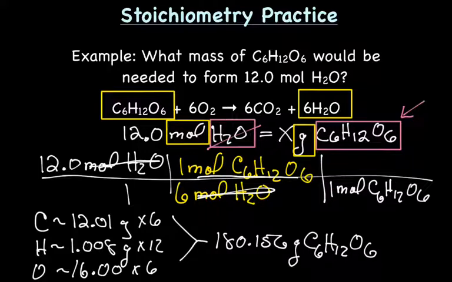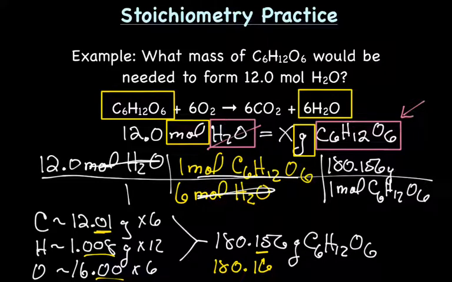And then we need to look at sig figs here. Because we're adding, we're looking not at sig figs, but at digits after the decimal, the least number. So we have 2 there, 3 here, 2 here. So we're going to end up with 2 digits after the decimal. So we're going to have 180.16 grams of C6H12O6, which we will put up here. Let me erase this stuff on the bottom so we have a little bit more room to work.